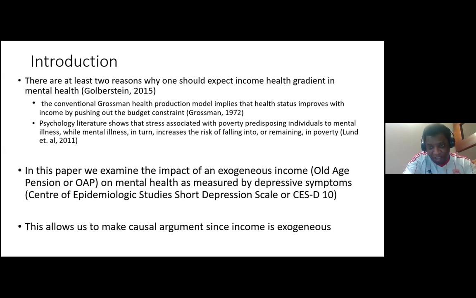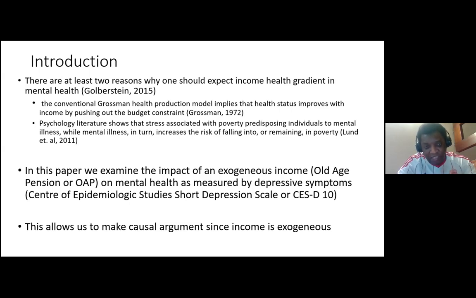So from the theoretical point of view, there is a relationship between income and health. For this particular case, we look at the relationship between income and health using the South African old age pension. Because the South African old age pension is an exogenous income, it allows us to break the reverse causality problem that I just talked about.